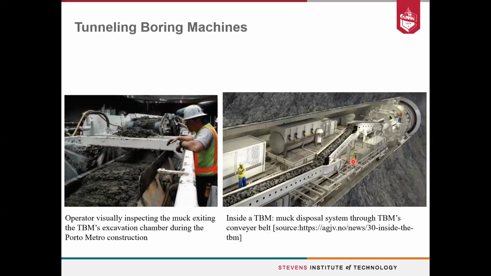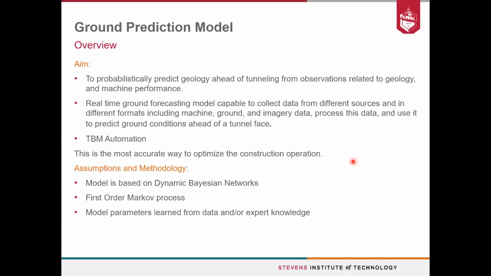So the rich set of data produced by the TBM sensors, remember these are about 200 parameters recorded every 10 seconds, are still not being systematically used to try to forecast ground conditions ahead of the TBM face, and therefore proactively adapt the machine operation so that you can go faster, cheaper, and possibly avoid any accidents. So even though TBM technology has improved considerably since inception, there's still enormous need and potential for progress in this field.